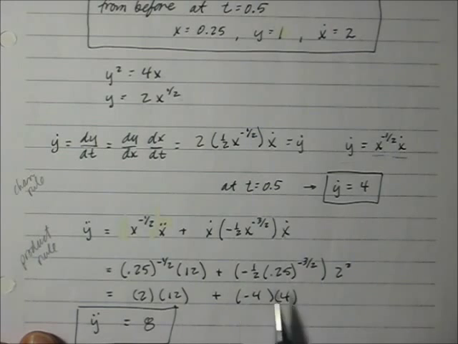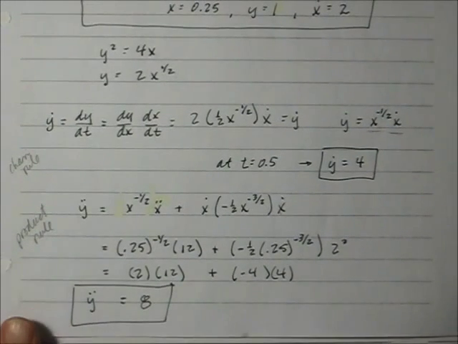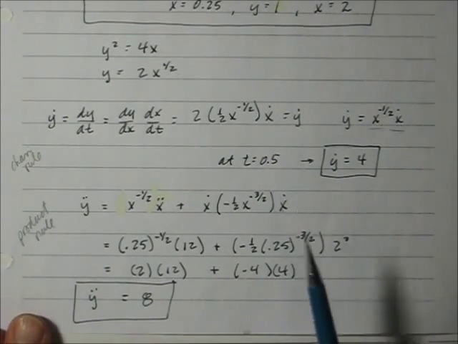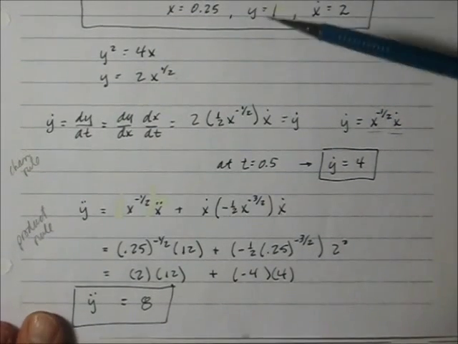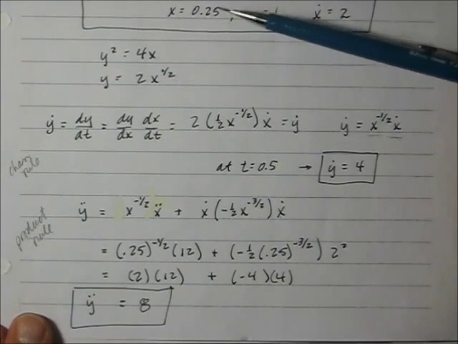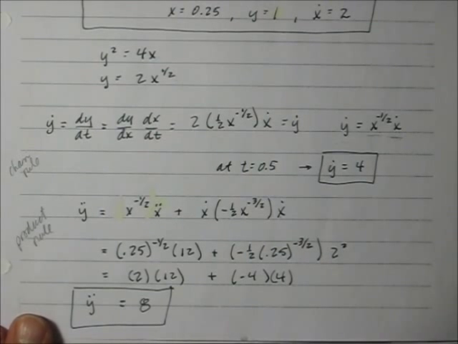Combining all these things and plugging in the values of what we had for x dot and x, we can see that y double dot is equal to 8, which again matches the previous page. So we get the same answer doing either way.